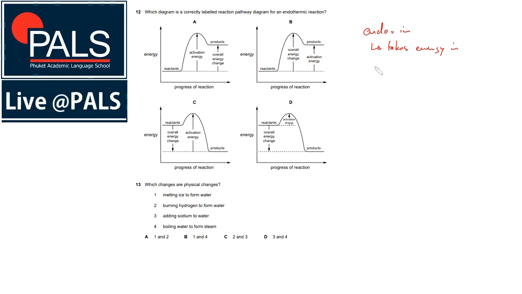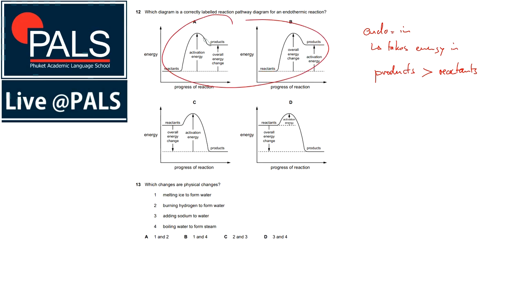It goes into the chemicals, and therefore the products have more potential energy or chemical energy than the reactants in an endothermic reaction. That means the products must be higher than the reactants, and now we just need to identify the correct diagram.